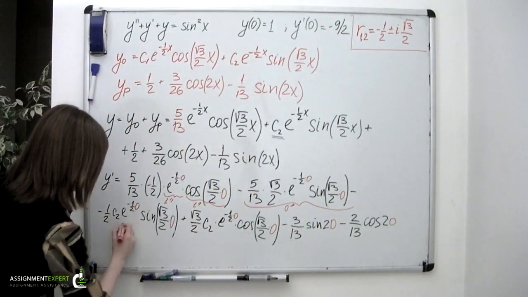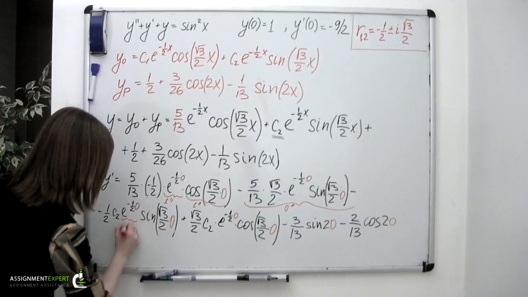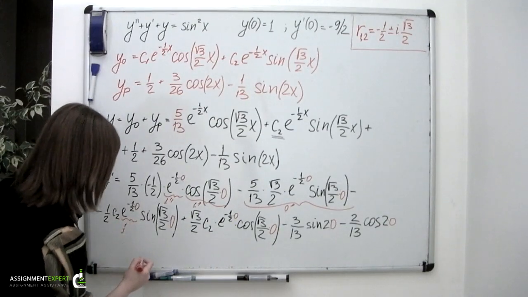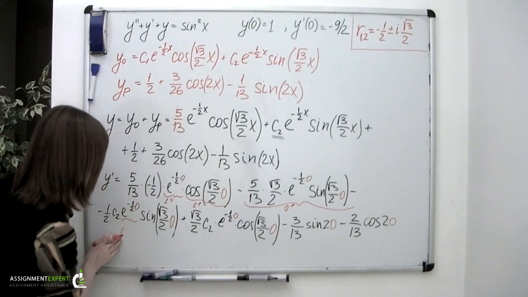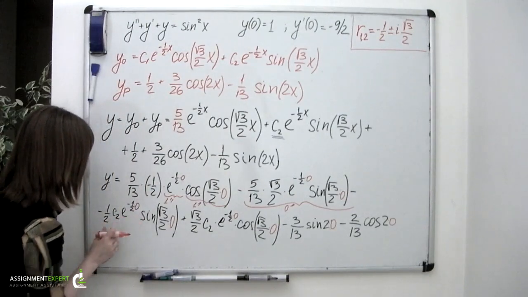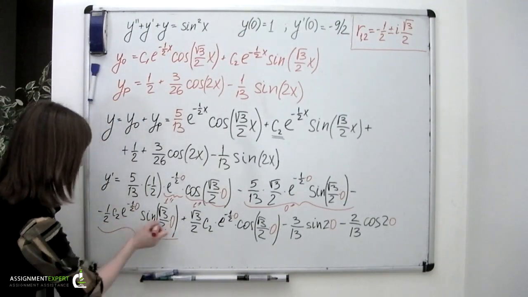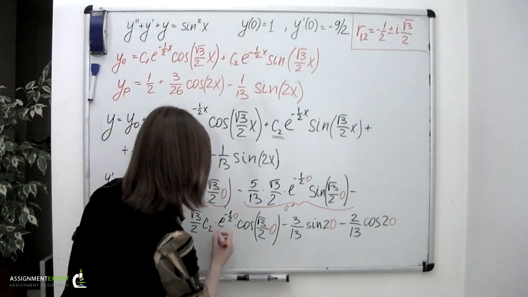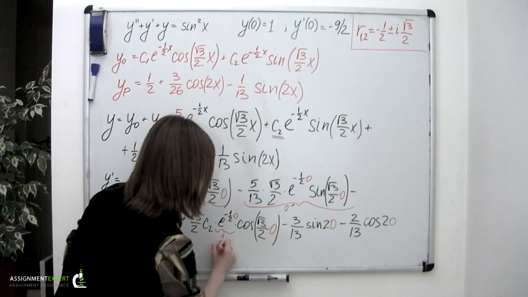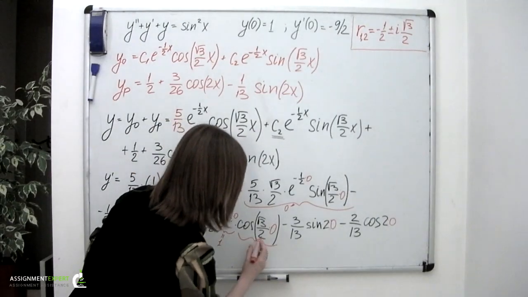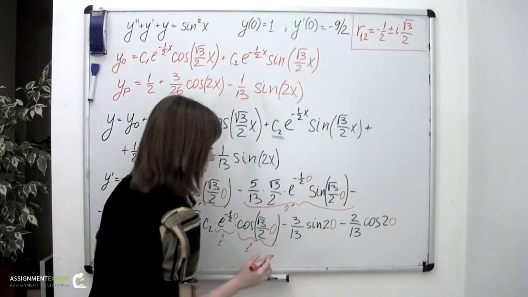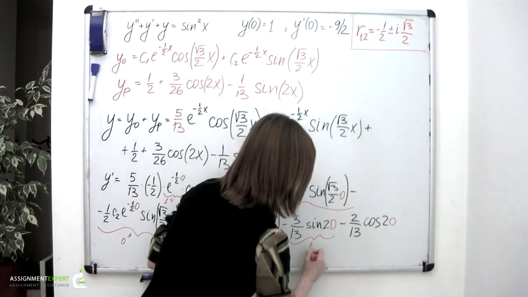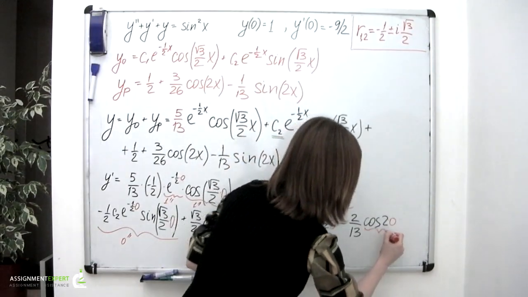Then this multiplier equals 1, which is not important because the whole summand equals 0 because of the sine function again. Then this multiplier equals 1, this equals 1, this equals 0, and this equals 1.